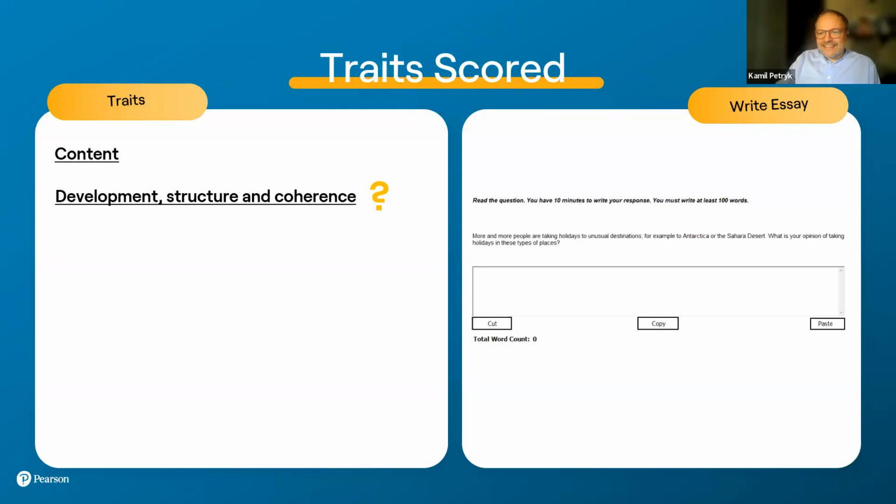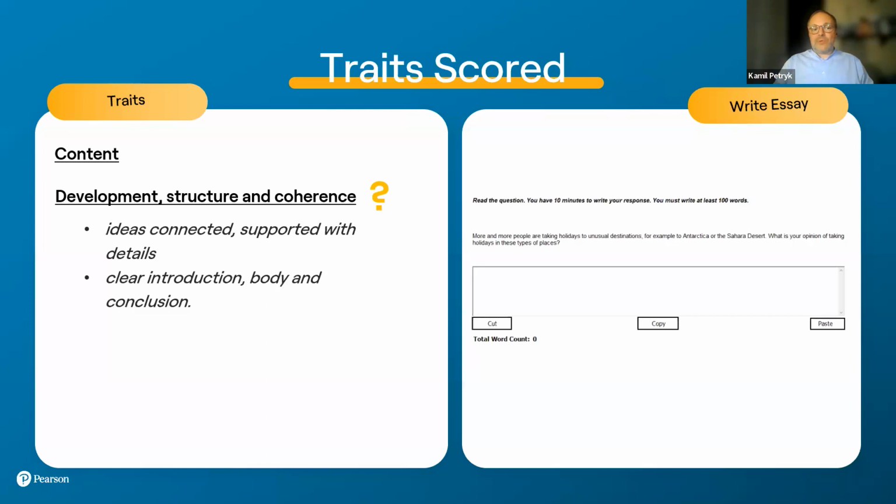Okay, so this is the trait that assesses whether ideas are connected, supported with details. So how the text flows and how details are supported, and whether, as somebody mentioned here, the structure. So the structure is assessed here. So is there a clear introduction, body, and conclusion in the essay? And the last but not least, the last trait is called general linguistic range.